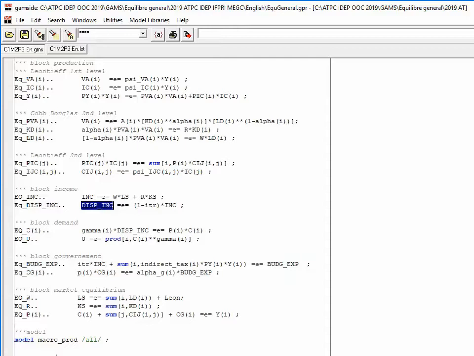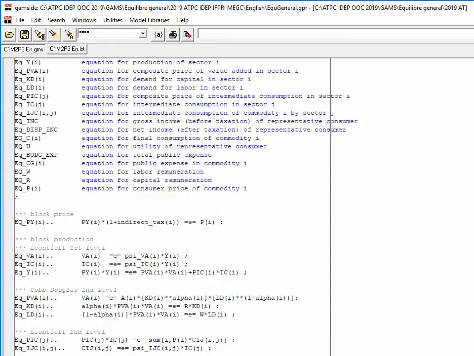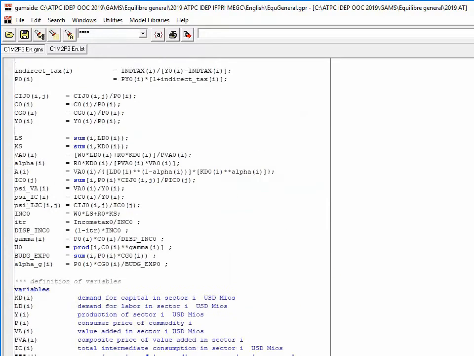And the difference comes from the income taxation. The income tax rate, ITR, was previously determined during the calibration here by the division of the amount collected in direct taxes by households' income.